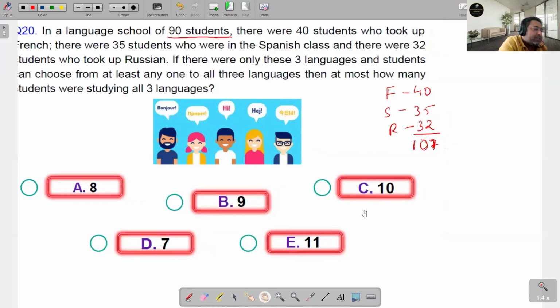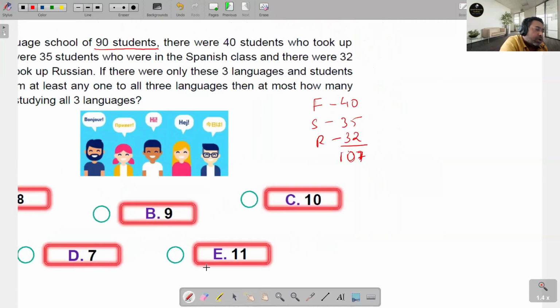All right. Now let's say X students took only one language. Y students took two languages, correct? So they will appear in two lists and will be counted twice. Z students took all three languages, so they'll be counted three times in these lists. So we get an equation: X plus 2Y plus 3Z is equal to 107. Why are we doing 2Y?